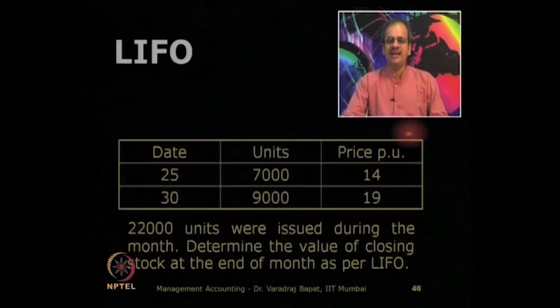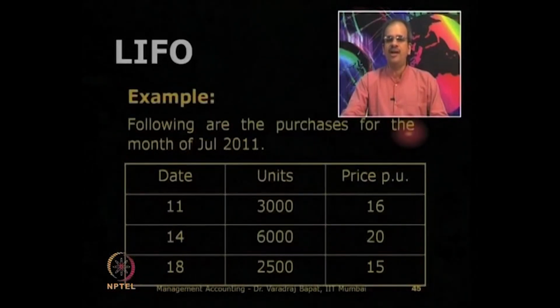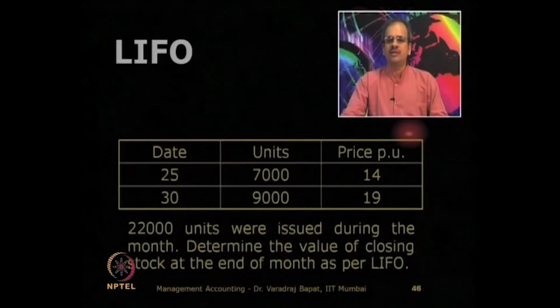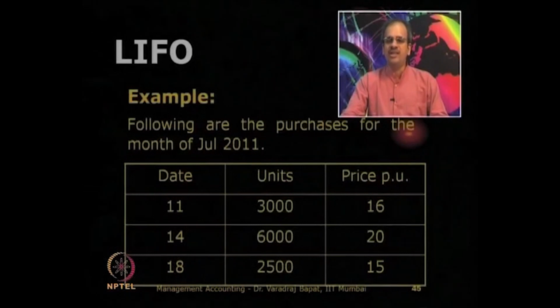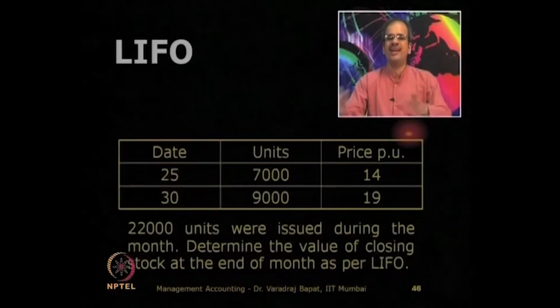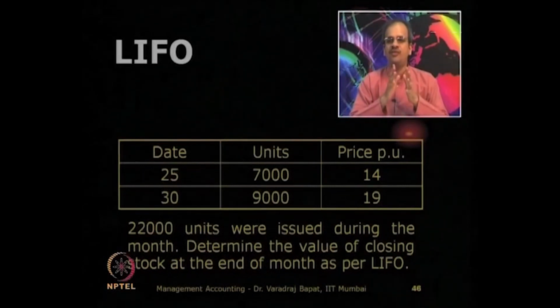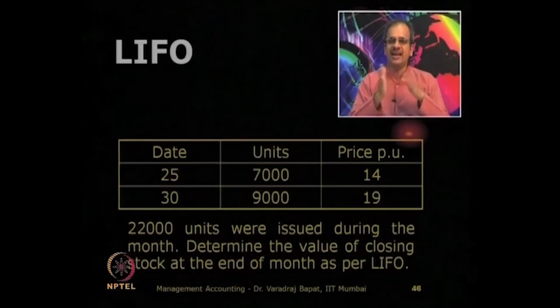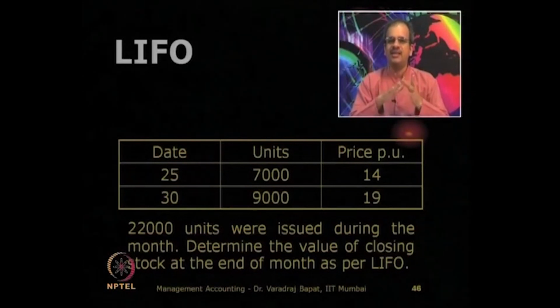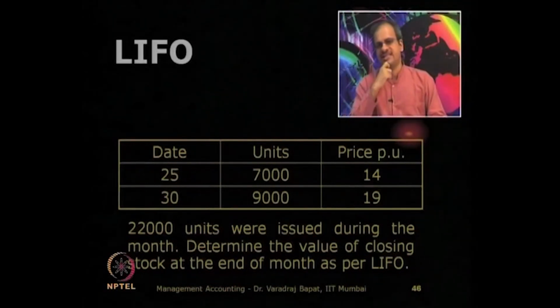You will realize that under the LIFO method, the stock which is being valued is somewhat not close to the latest prices. Whereas under the FIFO method, since the current goods are in hand, they are close to current market prices.